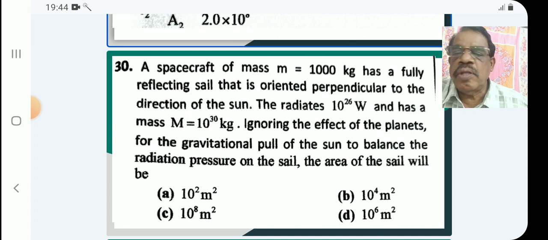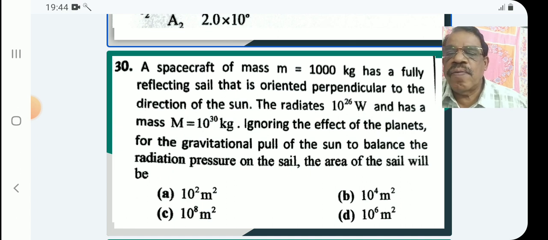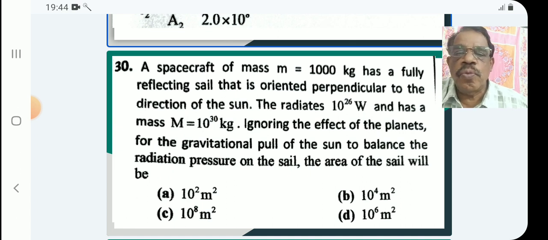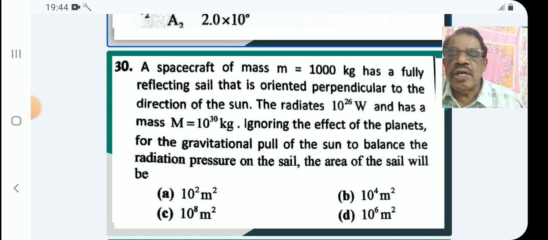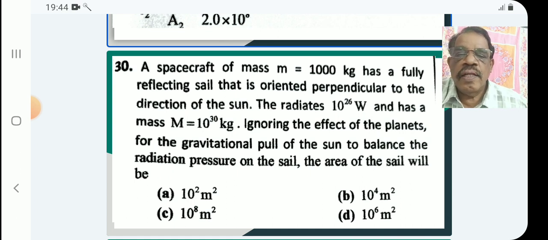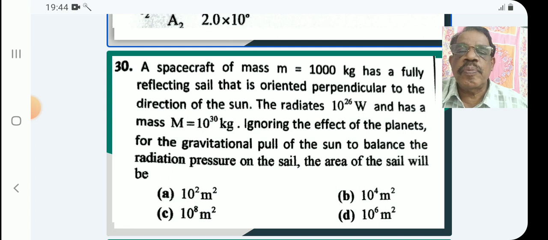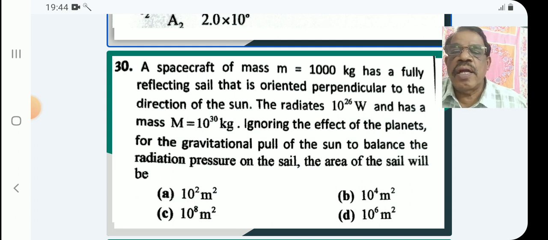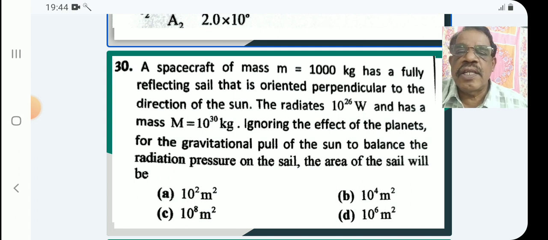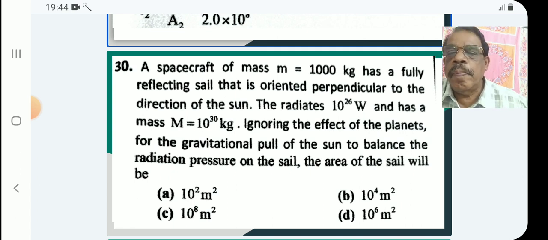Ignoring the effect of the planets, for the gravitational pull of the sun to balance the radiation pressure on the sail, the area of the sail will be: I shall read it again. A spacecraft of mass m equal to 1000 kg has a fully reflecting sail oriented perpendicular to the direction of the sun. The sun radiates 10^26 watt and has a mass M equal to 10^30 kilogram.